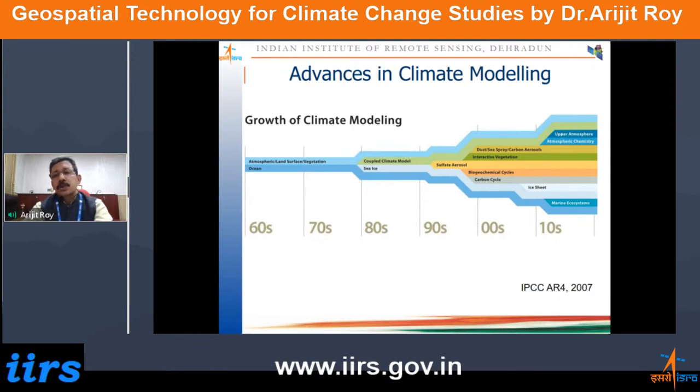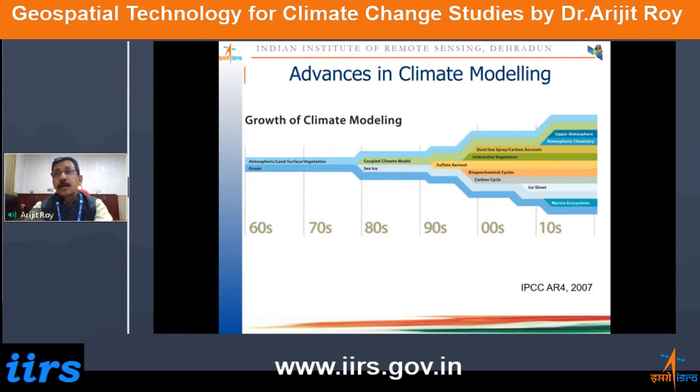As we progressed, we incorporated components like aerosols, dust, sea sprays, then how the vegetation interacts with the climate using DGVMs, then sulfate aerosols, and the biogeochemical cycles and carbon cycles were integrated.